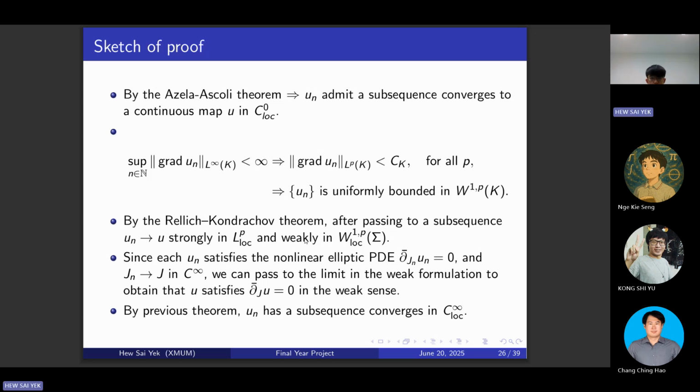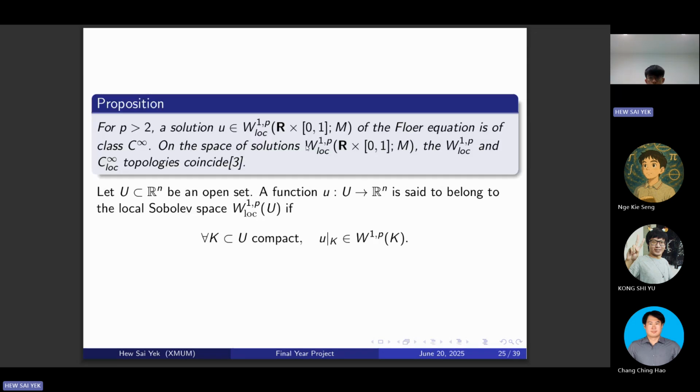Then u_n has a convergent subsequence by the previous theorem. Since u_n converges in the Sobolev space, it also converges in the C-infinity local space.